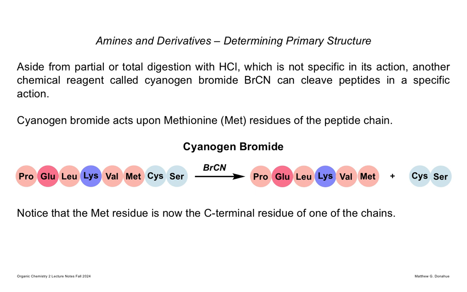Another reagent that's used is called cyanogen bromide. So this is Br bonded to cyanide. And it cleaves a peptide chain in a very specific way, and it only acts upon methionine, or met, residues.